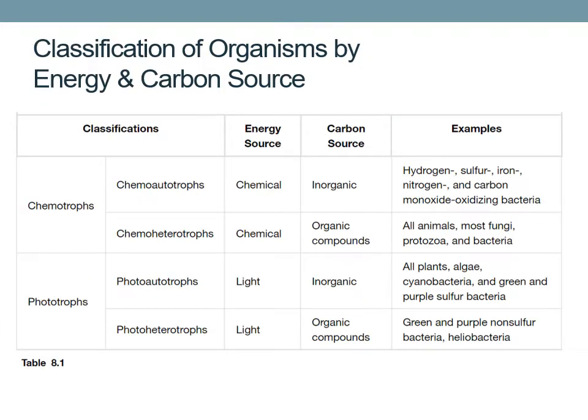Organisms may be classified by the energy source they use, and also by the source of carbon used for their metabolism. For example, phototrophs get their energy for electron transfer from light, but chemotrophs get energy from breaking chemical bonds. Carbon sources are either found in organic or inorganic compounds.